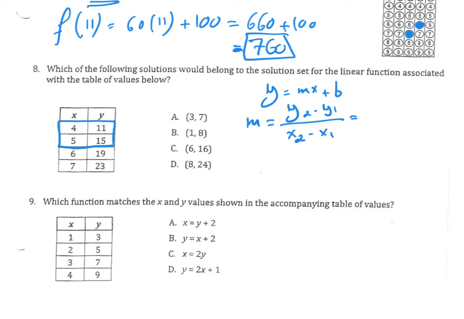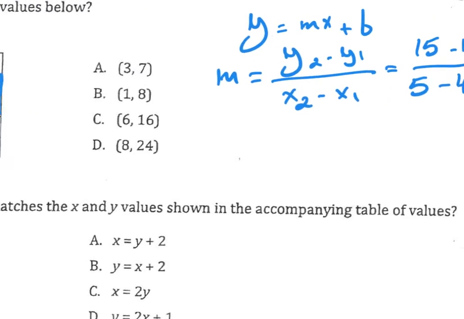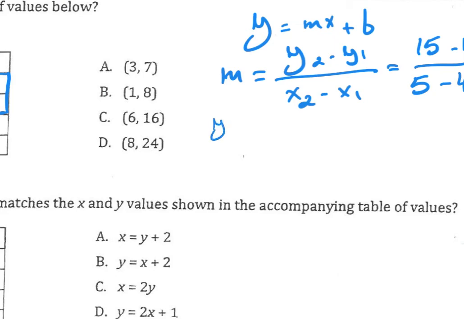That's 15 minus 11 over 5 minus 4. 15 take away 11 is 4, over 1, and the answer is 4. So the slope is 4. So the equation is going to be y equals 4x plus b.